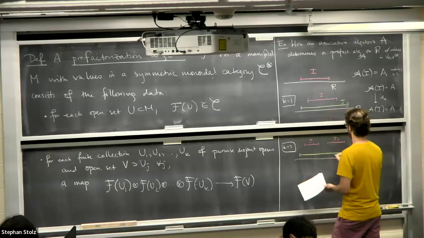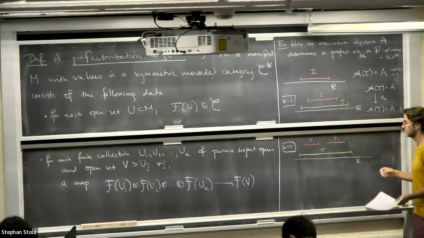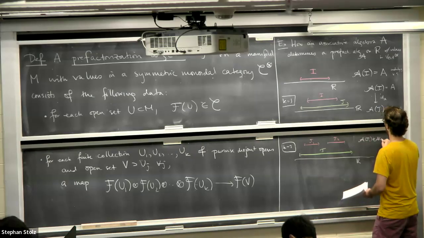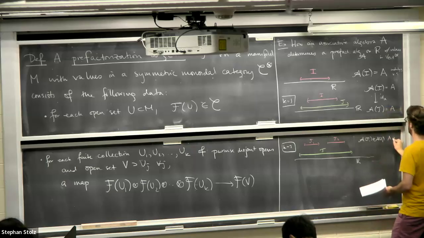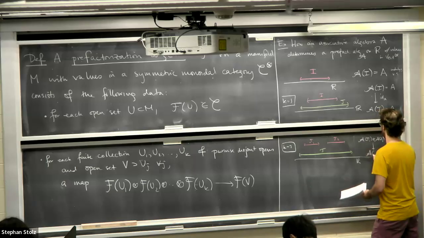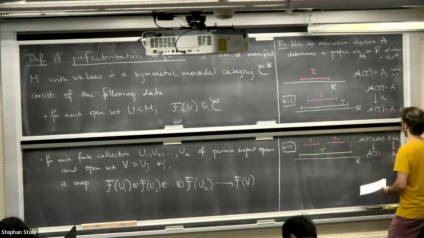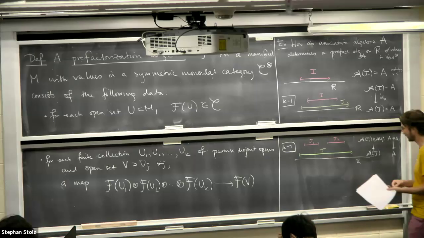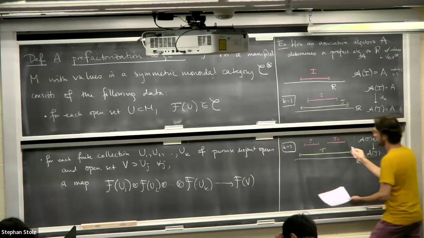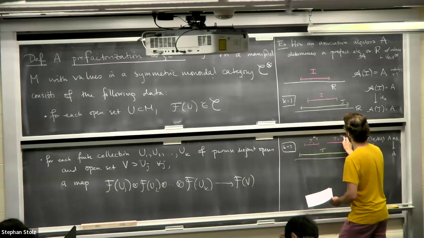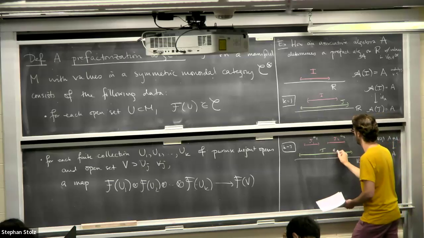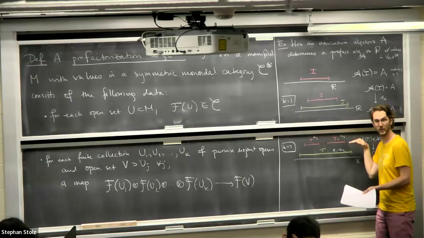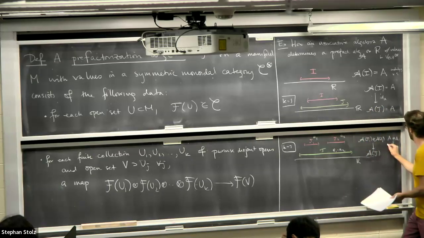Those are disjoint, sitting inside some big J. I'm supposed to have a map from A of I1 tensor A of I2, which is just A tensor A, to A of J. What am I supposed to do? You could think there's some element a1 sitting here and a2 here. Where does it go in here? It just goes to a1 times a2. I'm multiplying a1 by a2, just in the order on the line. So this is multiplication.